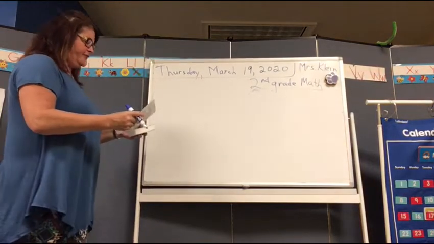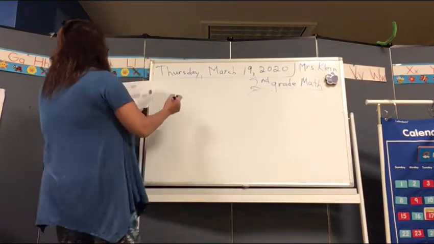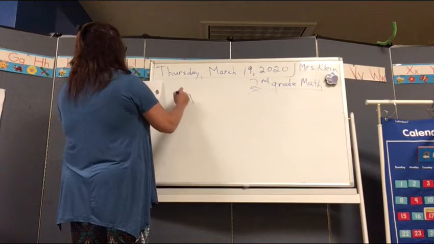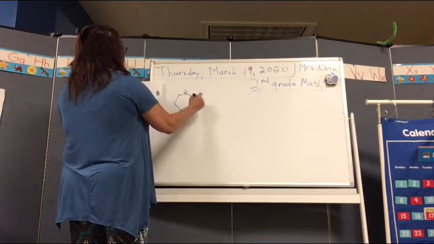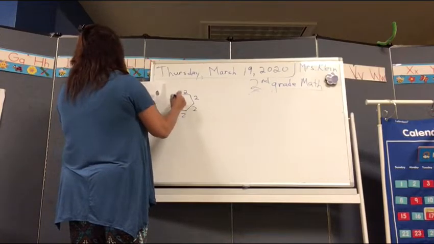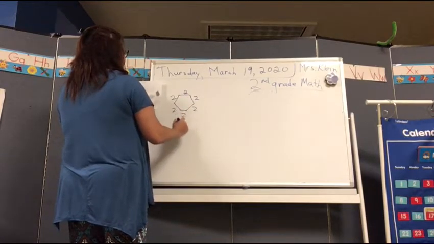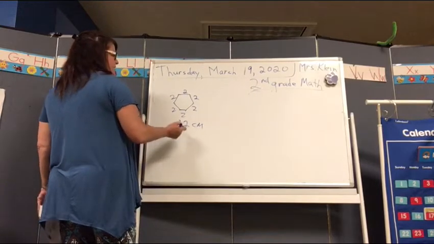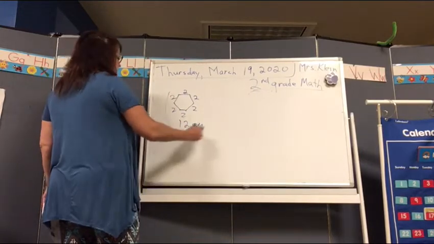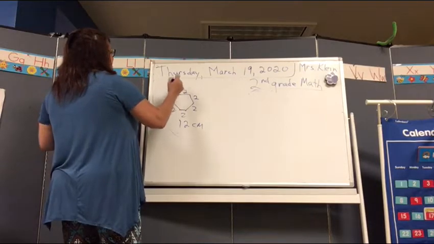I think you're all understanding this. The next object is 1, 2, 3, 4, 5, 6. 6-sided. 2, 4, 6, 8, 10, 12. This is 12 centimeters. She has 15 centimeters. Can she measure this? Yes, she can.